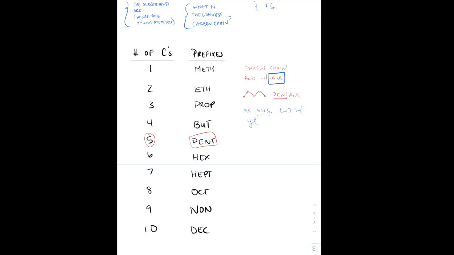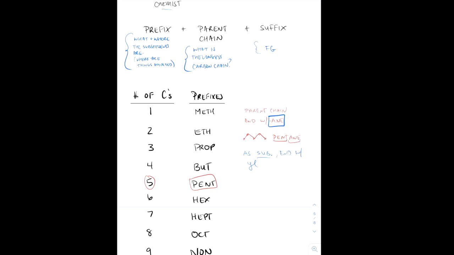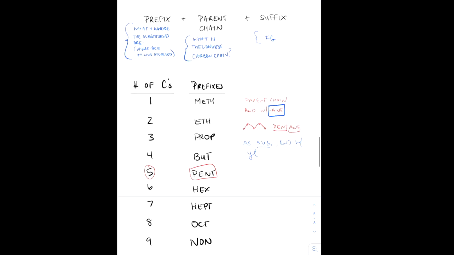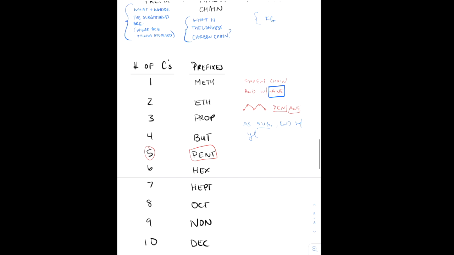This is the parent chain, and this is the suffix, applying it to the formula up above. The prefix doesn't apply here because the definition of the prefix says what and where the substituents are, and we don't have any substituents on this particular example.